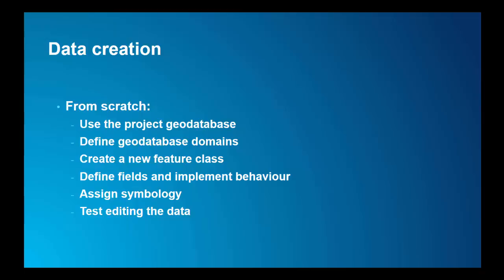Once those feature classes are created, then you can add fields for populating with attributes and also assign those domains that I mentioned in an earlier step where relevant. From there, you would symbolize your data, and the symbolizing and actually even doing some test editing, these last two points on the slide, I would see as really an iterative process, as you wouldn't necessarily get it right the first time.